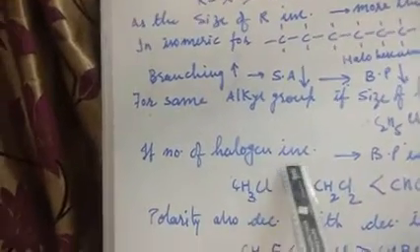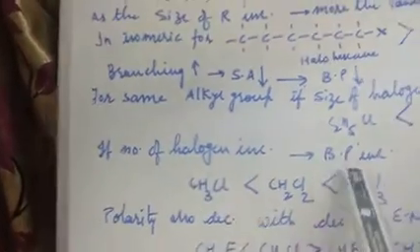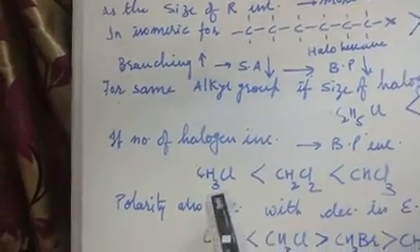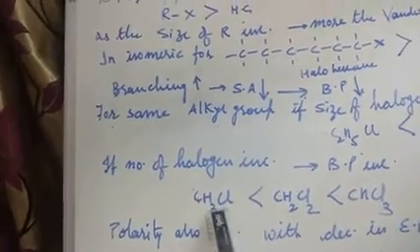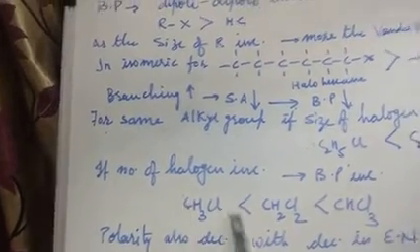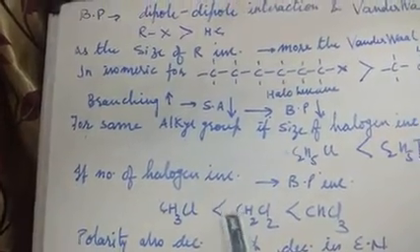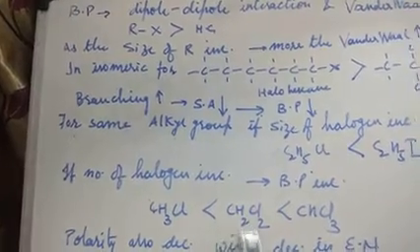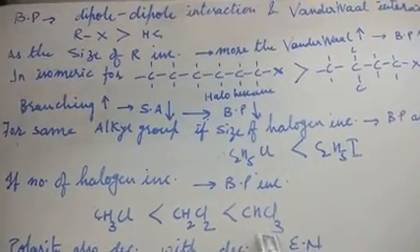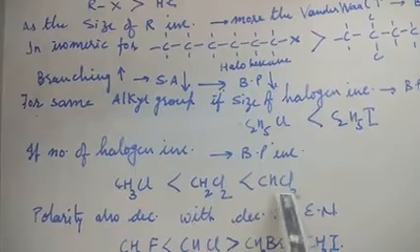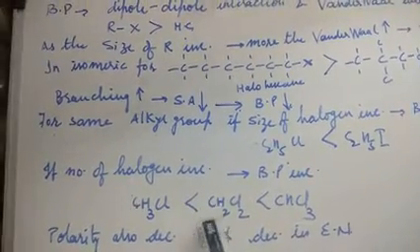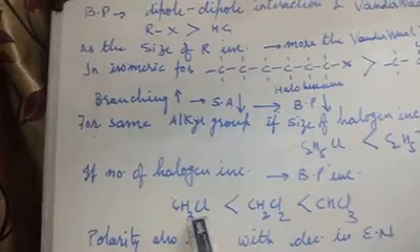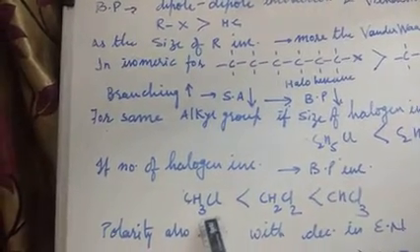Also, if the number of halogens is increasing, again boiling point increases. Here I have taken examples like CH3Cl. Here one chlorine is there, and the alkyl group has one carbon. In the next, the alkyl group has only one carbon, but the Cl number is 2. Here the Cl number is 3. So maximum will be the boiling point in chloroform, or CHCl3, then CH2Cl2, and least in the case of CH3Cl.